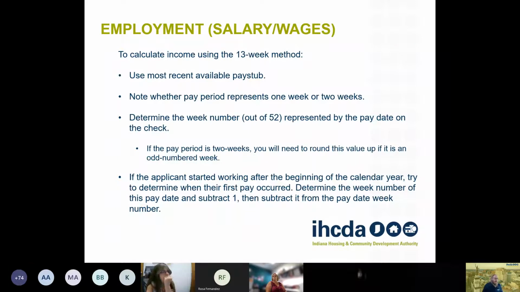What I mean by that is if you consider that January 1st through January 7th is week 1, then it follows that January 20th would be week 3. So it's really numbering the calendar weeks, determining where that pay date falls in, and identifying that week by its week number.